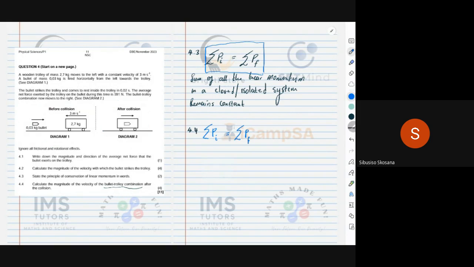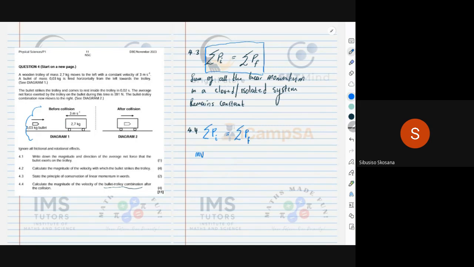So let's carry on. Momentum, as we know it, is going to be mv. Now we need to separate, because initially we have a bullet and then we have a trolley.